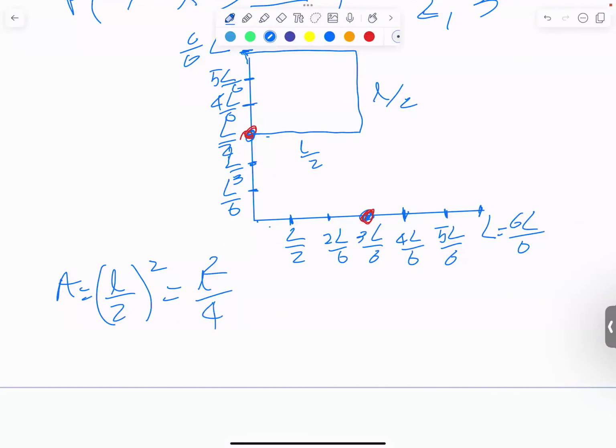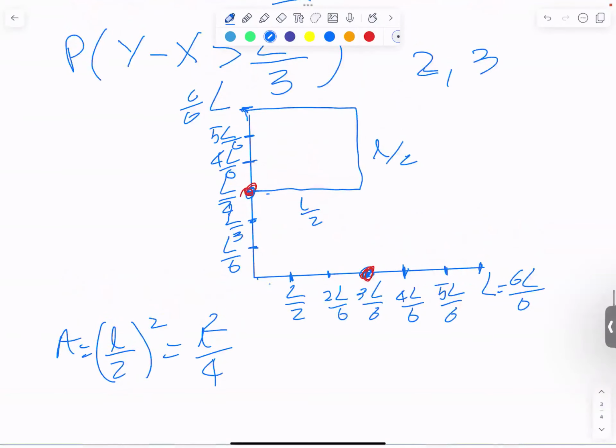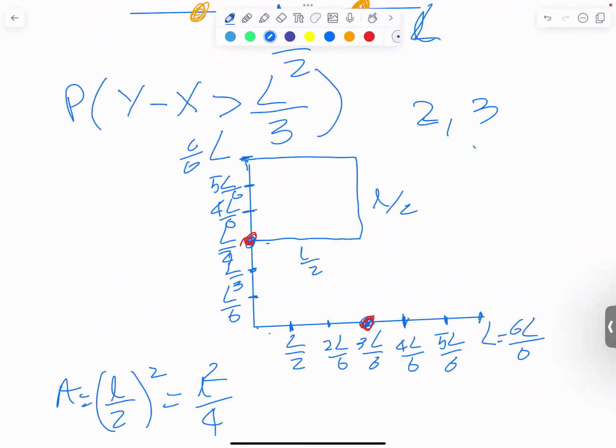And then to find the probability, we have to divide by the whole area after we find the area of interest. Now, our area of interest is when y minus x is greater than L over 3. And then let's graph the line y equals x plus L over 3 here. When x equals 0, we get L over 3, which is 2L over 6, which is this one.